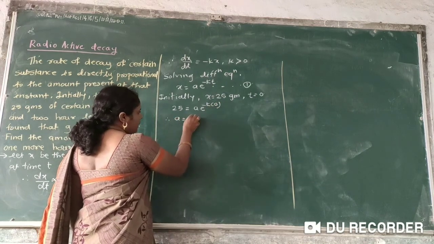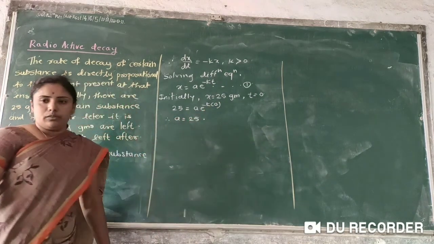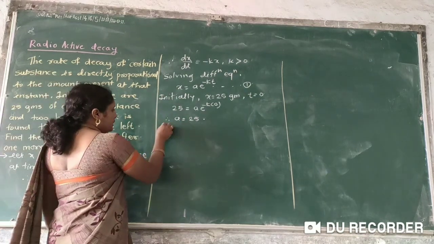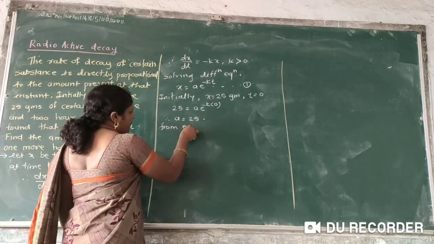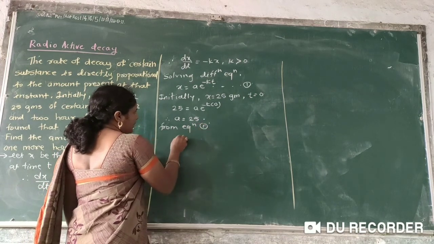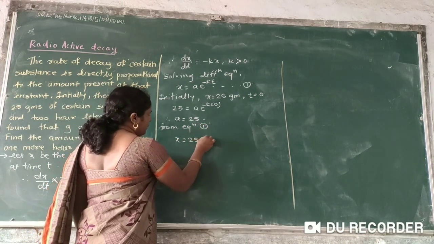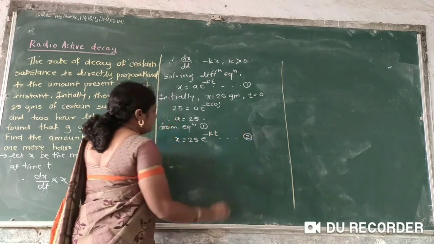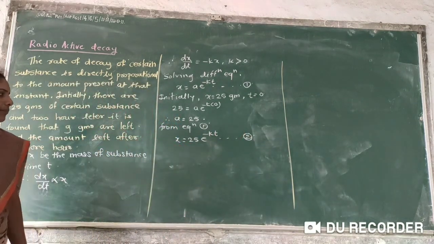Therefore, we get a equal to 25. Substitute this value of a in equation 1. From equation 1, we get x is equal to 25 into e raised to minus kt. Suppose this is equation number 2.